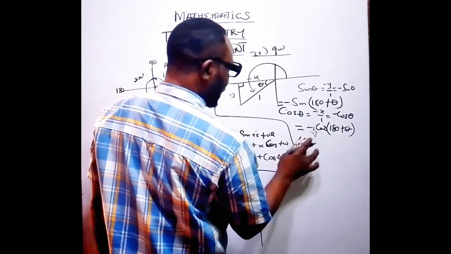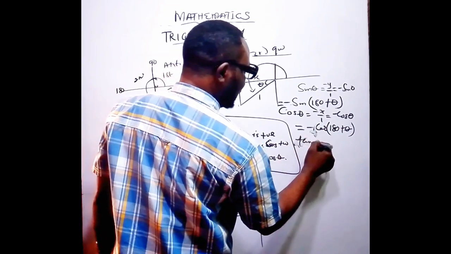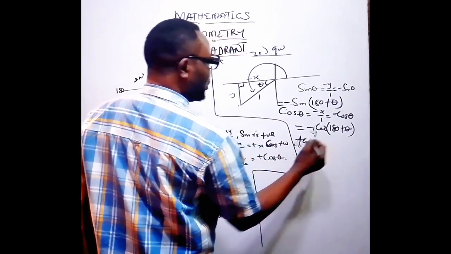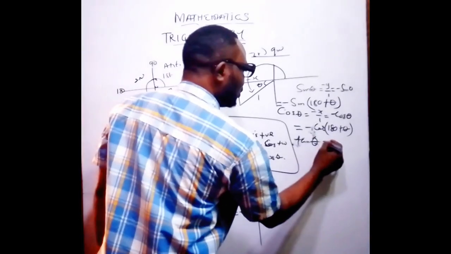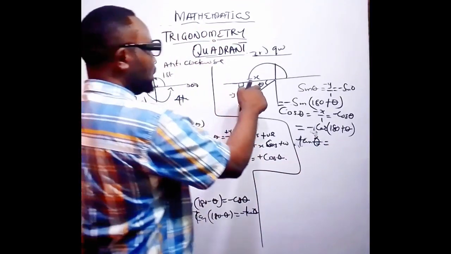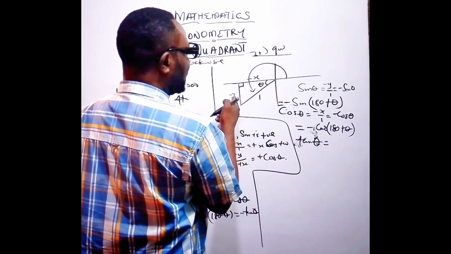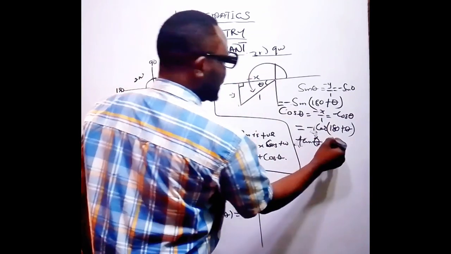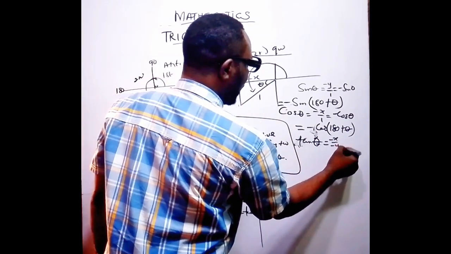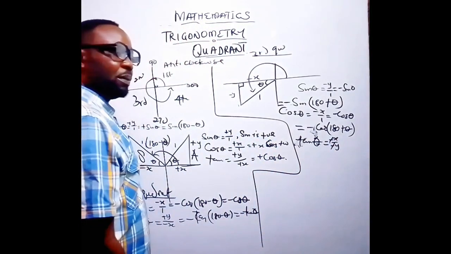Tangent for the third quadrant, tan theta will be equal to opposite over adjacent. That's minus y over minus x. We cancel the minus to make it positive.